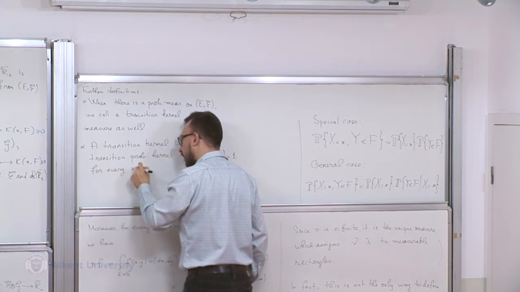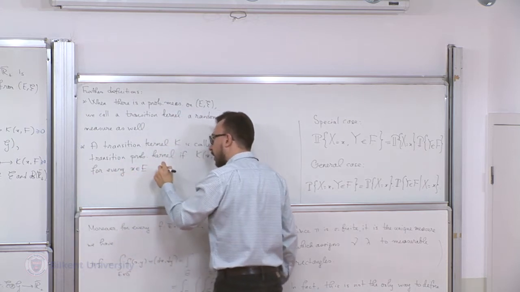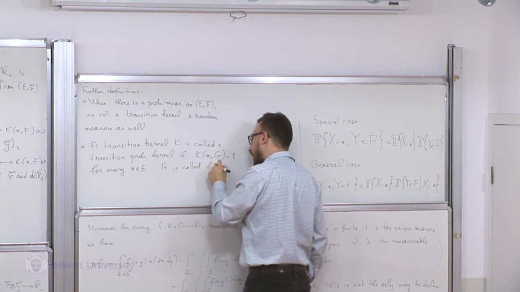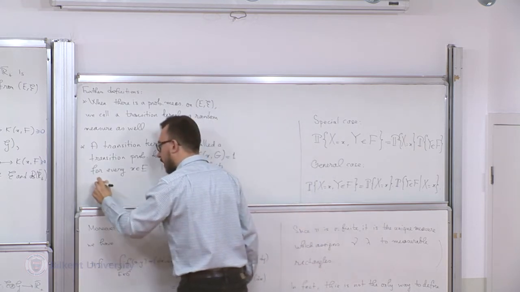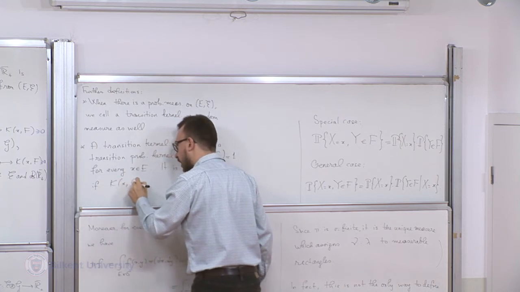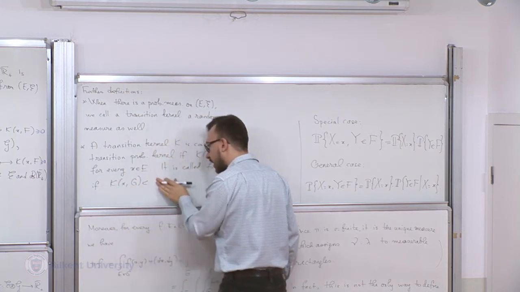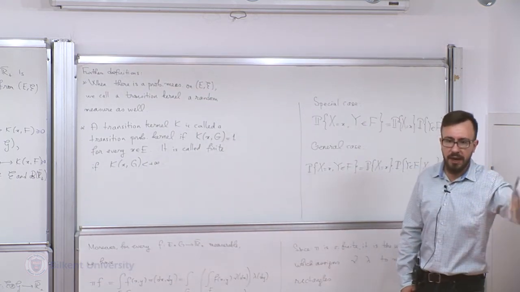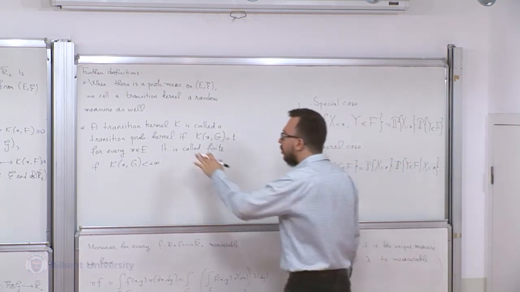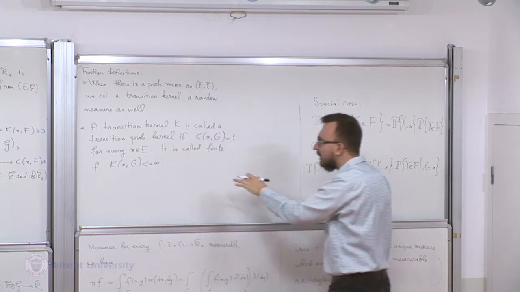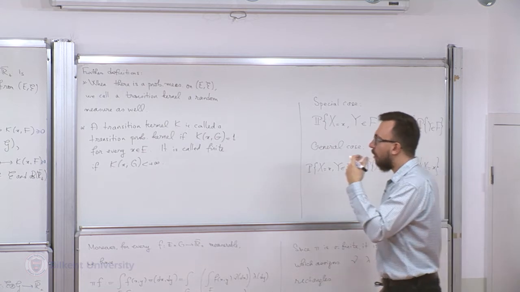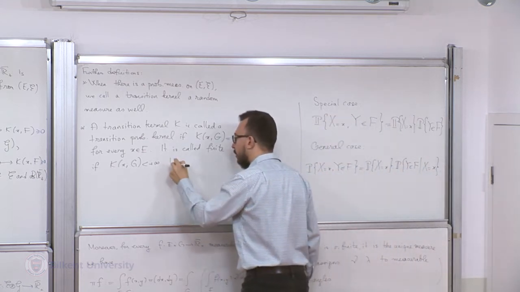For every x, it is called finite if K(x, G) is finite. You know the classification of measures like probability measure, finite measure, sigma finite measure. So if this happens for every fixed x, then you call it a probability kernel, finite kernel, or sigma finite kernel.